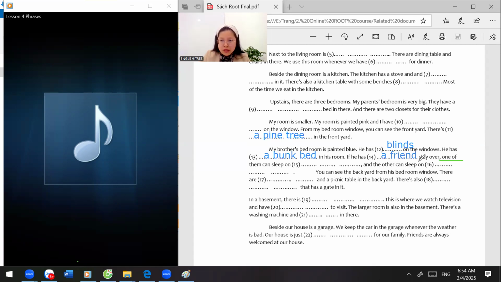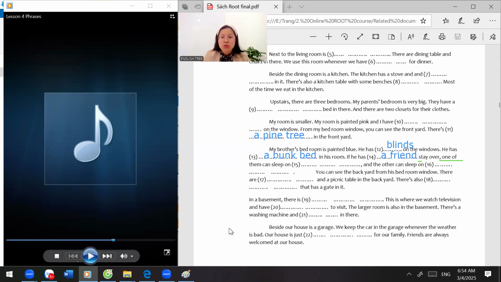And friends here has a stay after that, right? So we can't hear friends. Again. If he has a friend stay over. So one way is a friend. Another way is friends in plural form. Them can sleep on the top bunk.